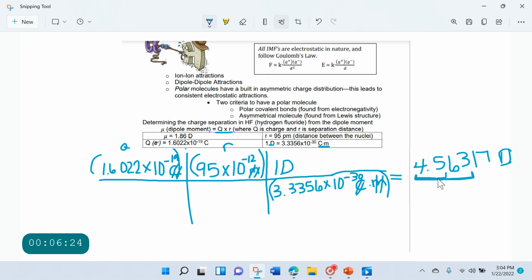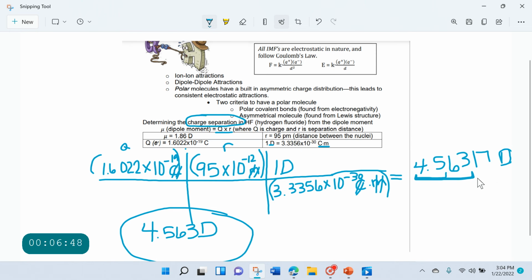I'm just going to follow his lead. I don't know exactly why he did it that way, but he's the teacher, so I'm going to follow him. So we have 4.563 as our Debyes.